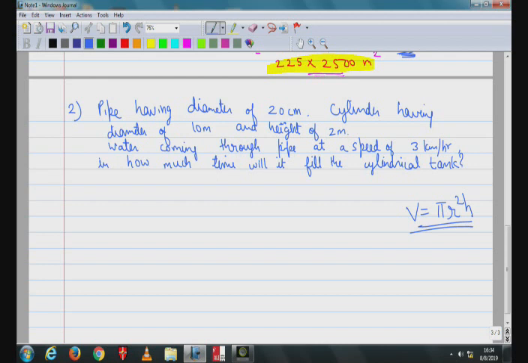No. Okay, I am solving this one. Please concentrate.